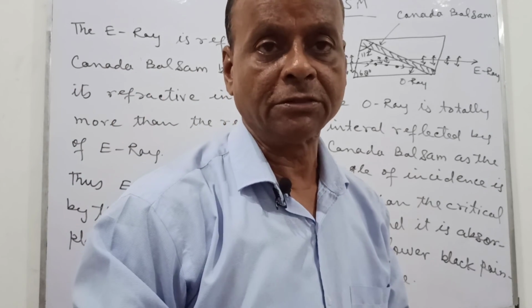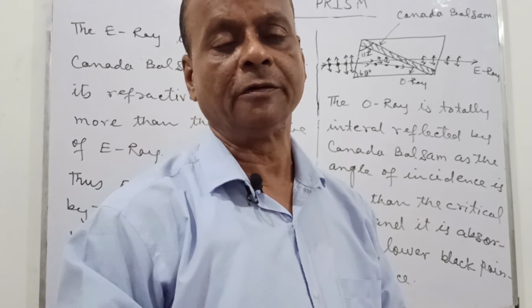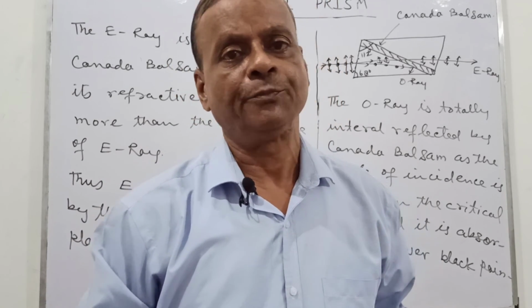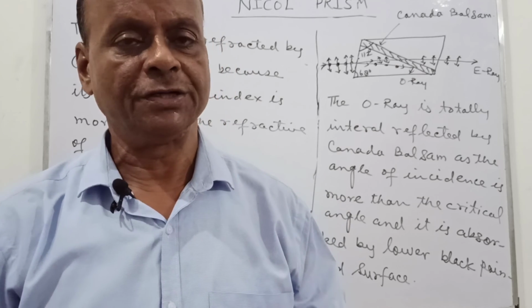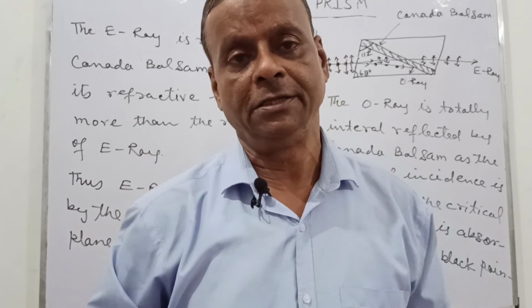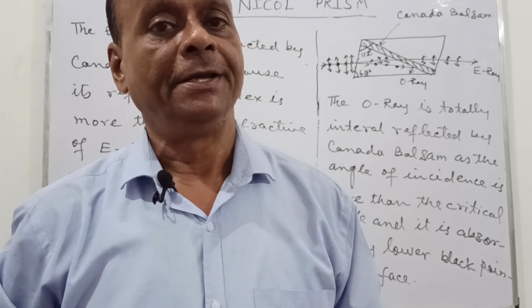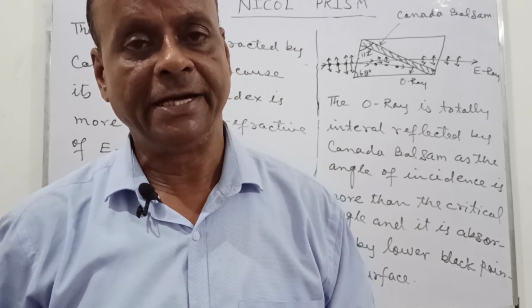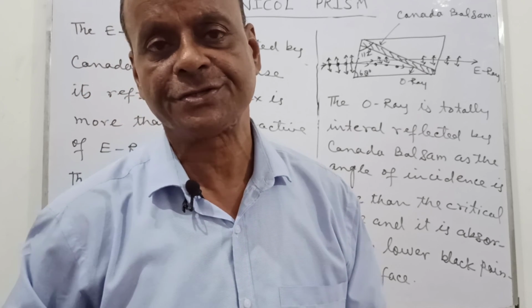So thus by using the Nicol prism we can obtain the plane polarized light, and you can see that the O ray is totally internally reflected and then absorbed by the lower surface.